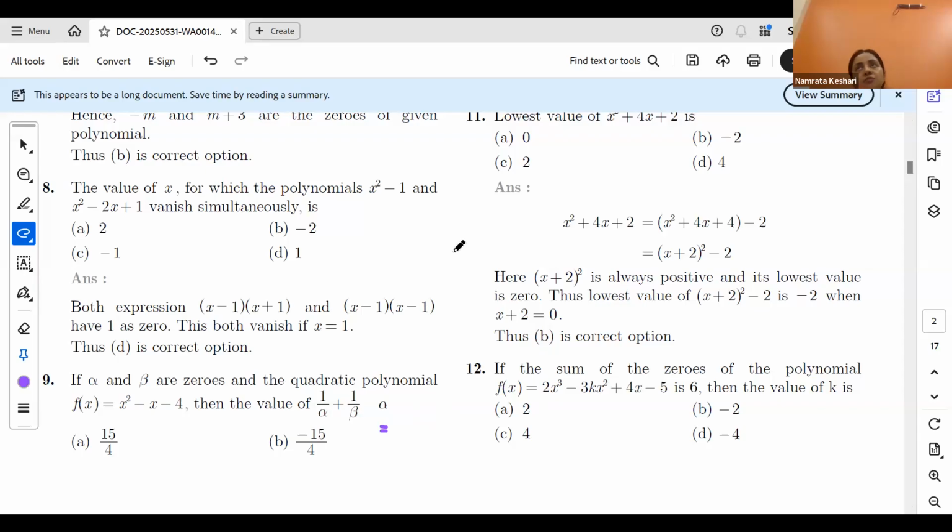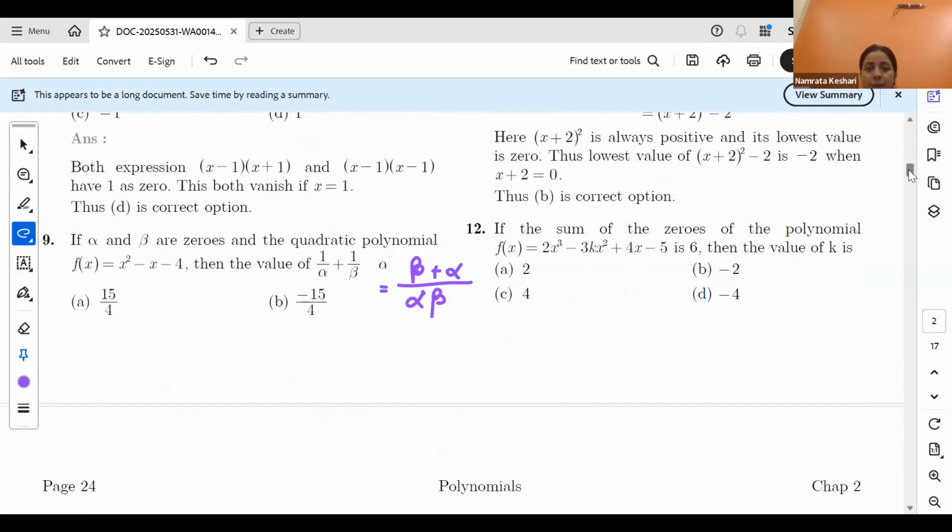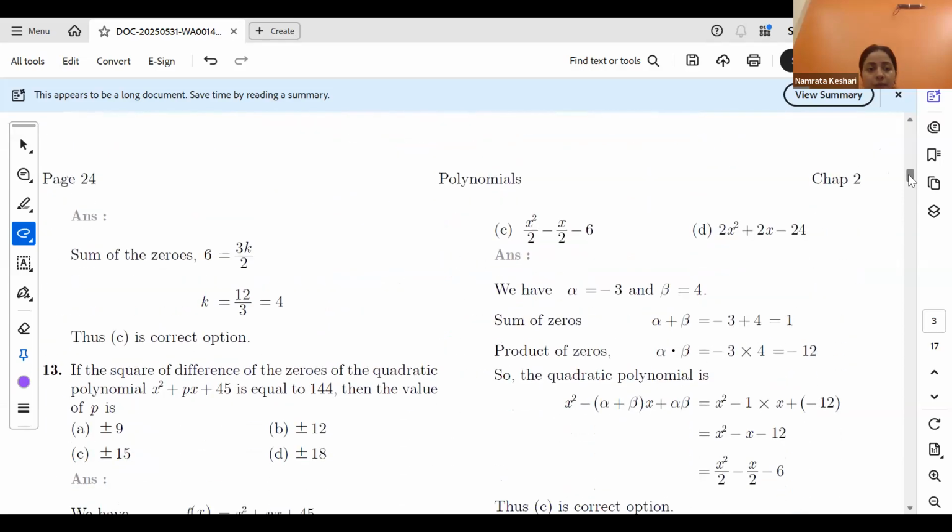We'll have to find the LCM of 1 by alpha plus 1 by beta. Then we have to use the relation between zeros and coefficients, find alpha plus beta and alpha into beta, then substitute the values.